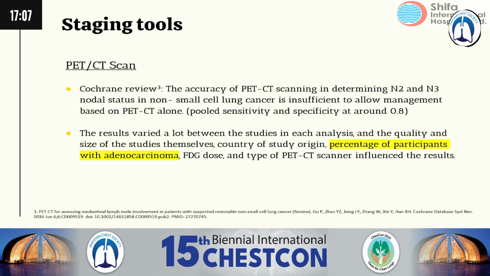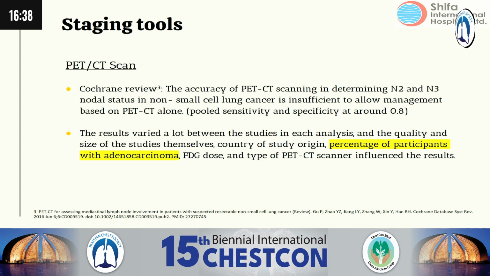This Cochrane review, I think it's from 2016, evaluated the accuracy of PET-CT scanning in determining N2 and N3 nodal status in non-small cell lung cancer. And although it had a pooled sensitivity of about 0.8, it concluded that it was insufficient to allow management of lung cancer based on PET-CT alone.